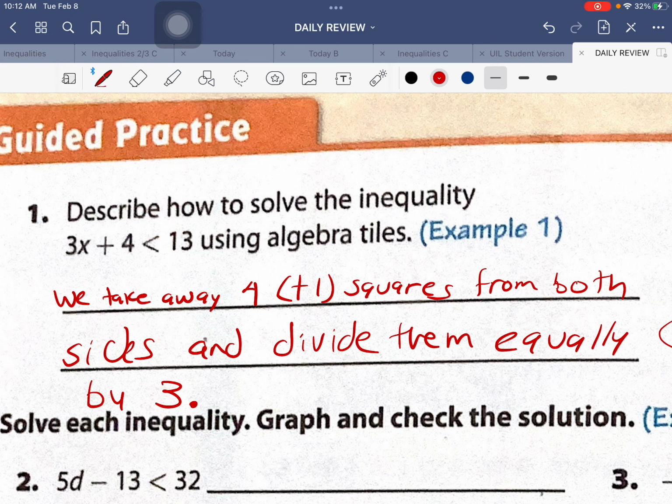You take away 4 plus 1 squares from both sides and divide them equally.